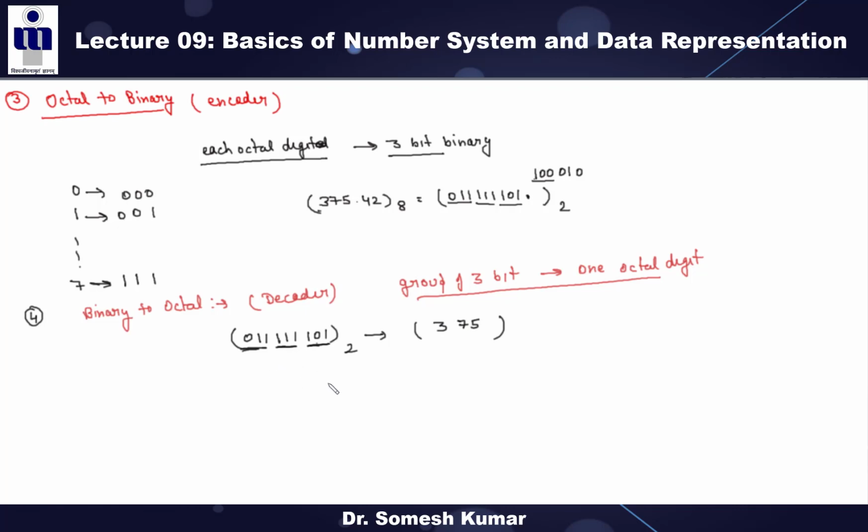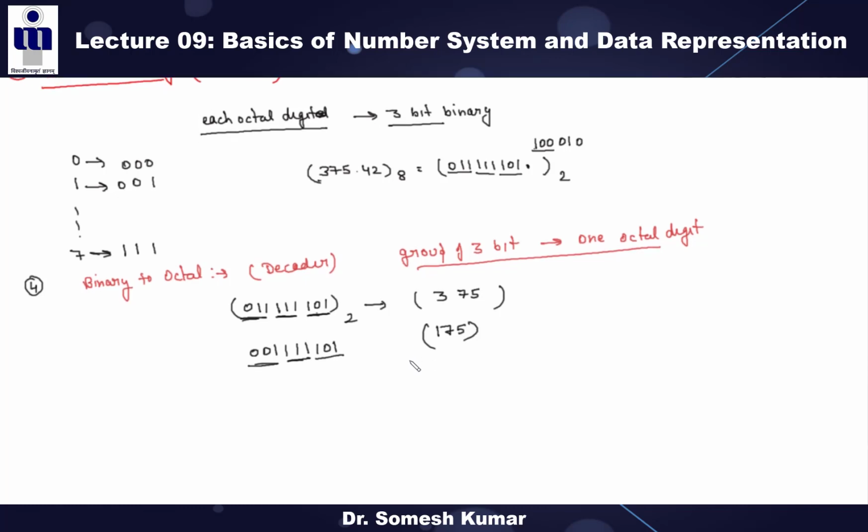In some cases, for example, this is the number. What will you do in that case? Start from the LSB, then here there are only 2 digits, so you can add a 0, right? Clear? So now it is 175. Clear the thing? In this way you can convert binary to octal, right?